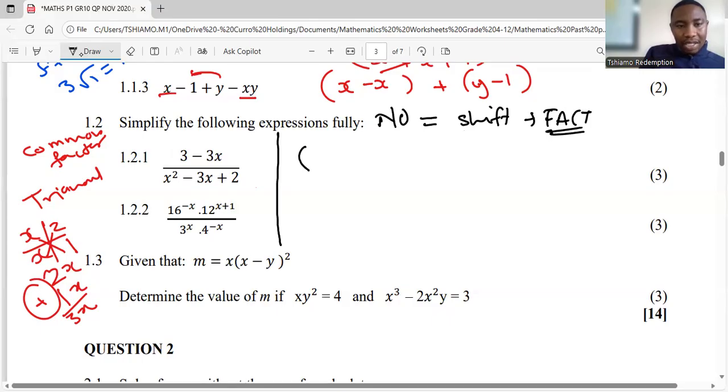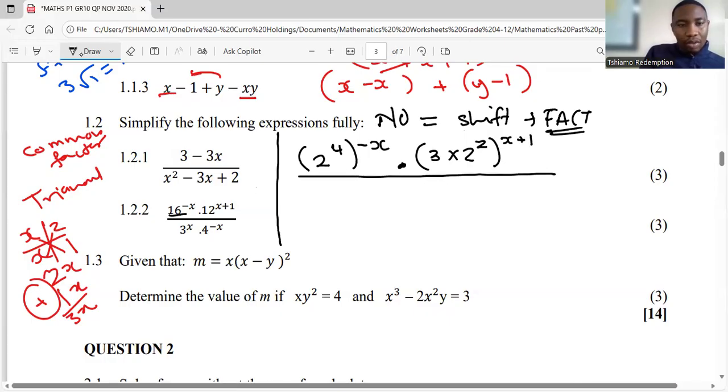So for 16, it's going to be 2 to the 4, negative x. For 12, 12 is going to be 3 multiplied by 2 squared. And then you write whatever that you have outside, the x plus 1.